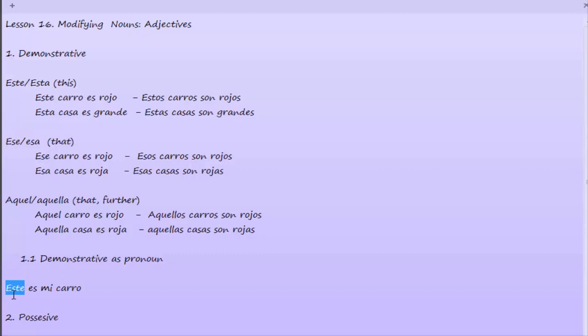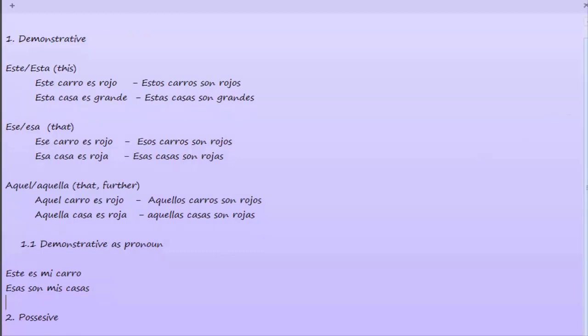It is the noun, the subject in the sentence. Now, we can use any demonstrative adjective as a pronoun in any sentence. Let's take, for example, esas. We would say, esas son mis casas. Those are my houses.